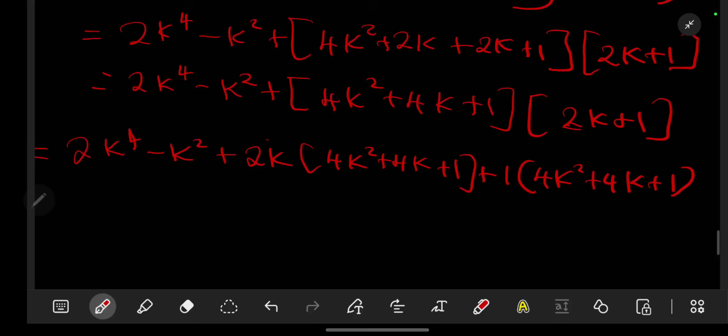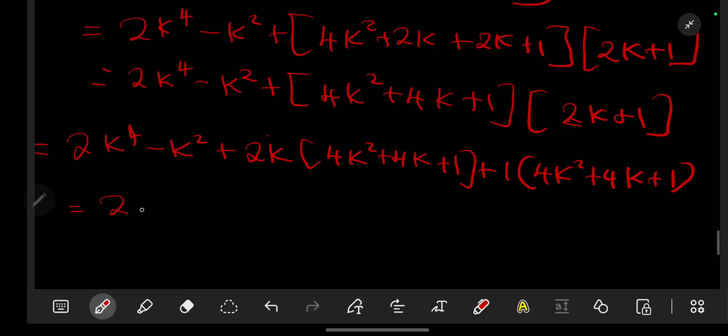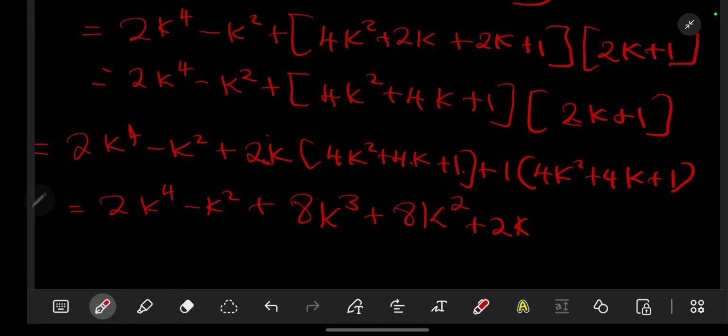So after doing this, what does it give us? We have 2k to the power 4 minus k squared plus our 2k by 4k squared, it will be 8k to the power of 3. This by this, it will be plus our 8k squared. This 2k by 1, it will be plus our 2k, like that.